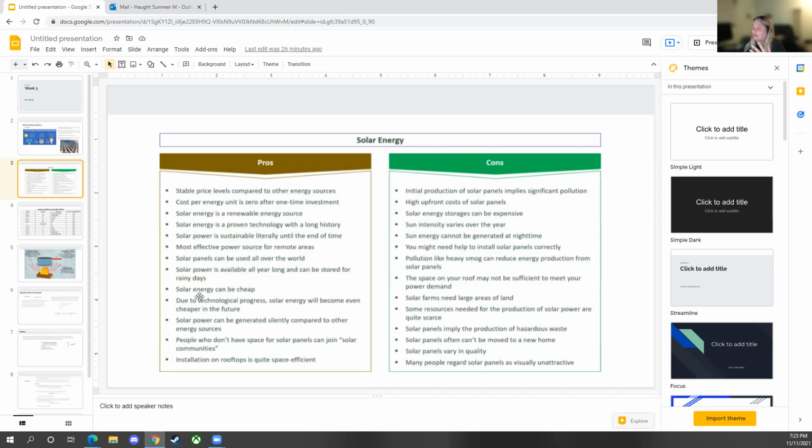I guess that's a huge pro, in my opinion, because we can use land in areas where we don't have a use for land right now. So solar panels are very beneficial in that way.